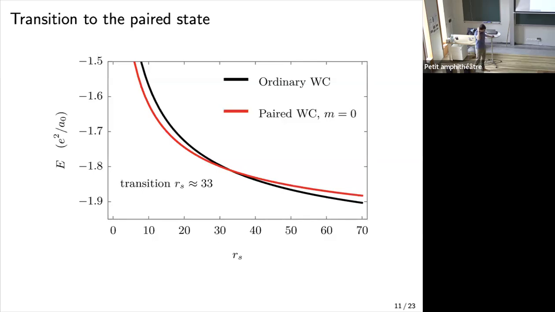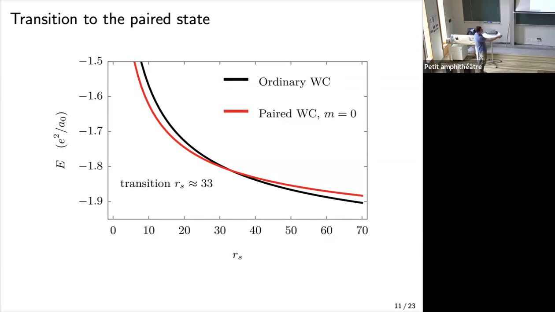Good. So now that we have a way of estimating the energy for both the ordinary and paired crystals, we can just plot those energies as a function of the interaction parameter rs and ask, is there ever a crossing point? So the black curve is the ordinary or monatomic Wigner crystal, where we just have one electron in each unit cell. The red is the paired crystal, where we have pairs of electrons in each unit cell.